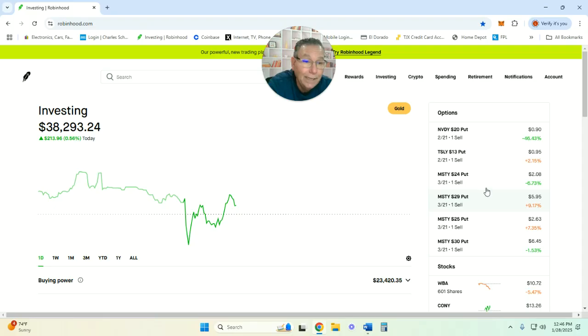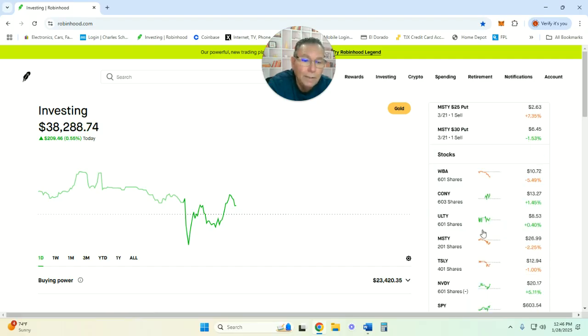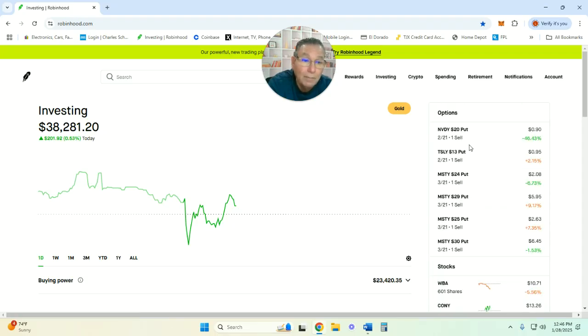Now, I'm thinking this is going to take care of the NAV erosion because here they're in the positive. Remember, a couple of days ago, I got Tesla right there. She dropped, she's at 12.94. But my strike price is 13. So I'm right there. I'm still making money because I collected $70.